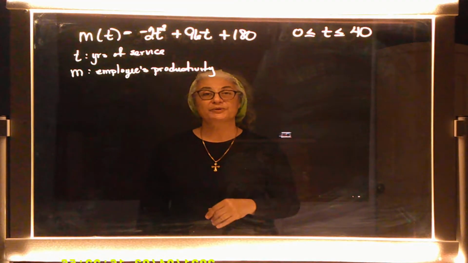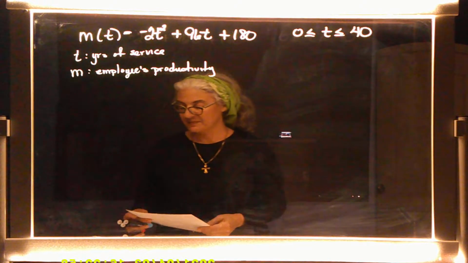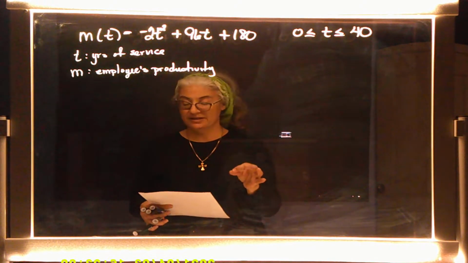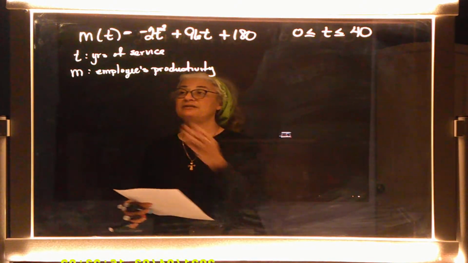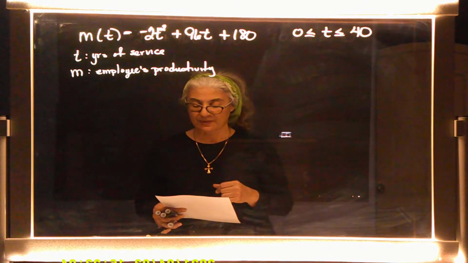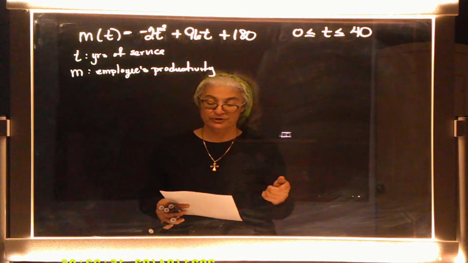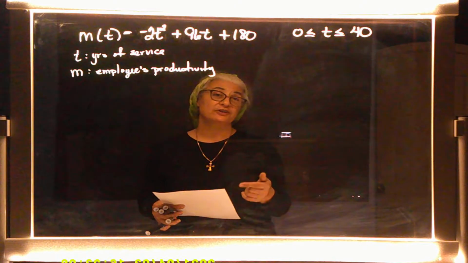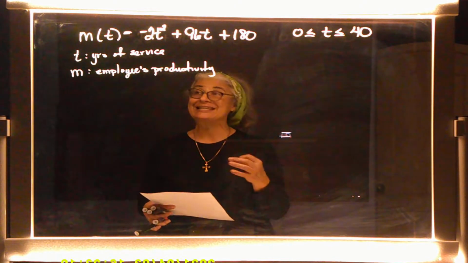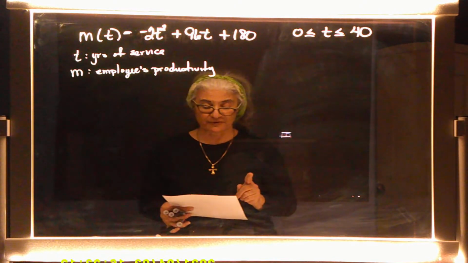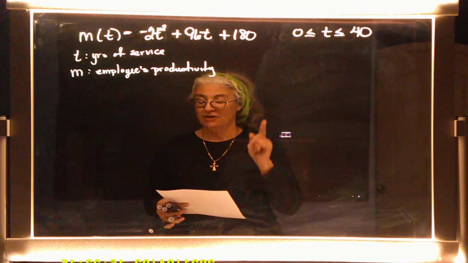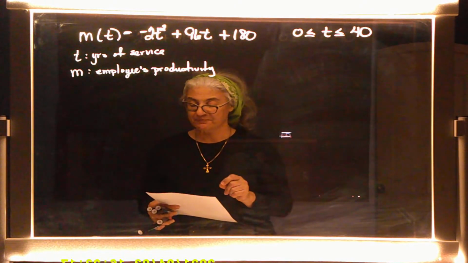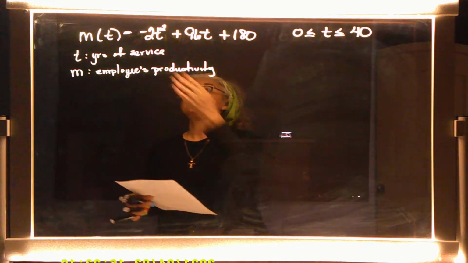So we just looked at a story. Let's kind of go over it again. It says an employee's monthly productivity, and they call it M, in number of units produced, is found to be a function of the number of T years of service. For a certain product, a productivity function is given.